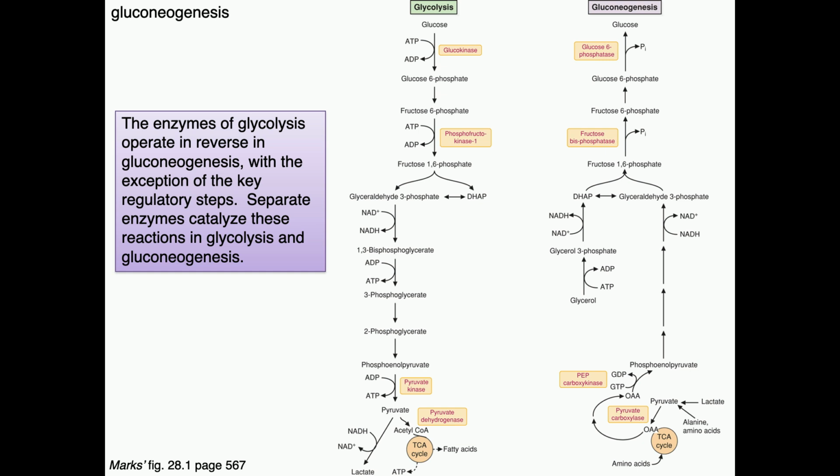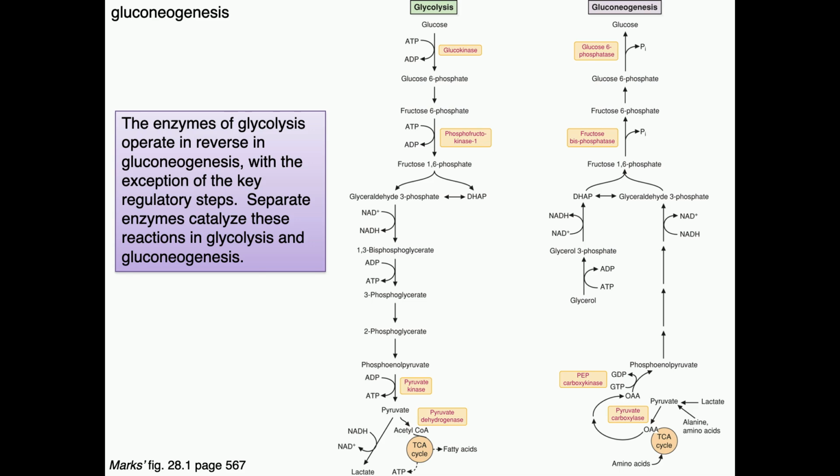Carry on. Okay, so I will go through in a little bit of detail, starting with the conversion of phosphoenolpyruvate to pyruvate in glycolysis. This is a single-step conversion, substrate level phosphorylation that takes a phosphate from phosphoenolpyruvate and adds it to ADP.